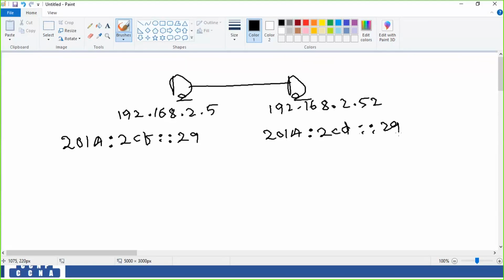Now in IPv6, tell me, will they communicate or not? Yes, no, or we don't know? What is the right answer? We don't know right now.